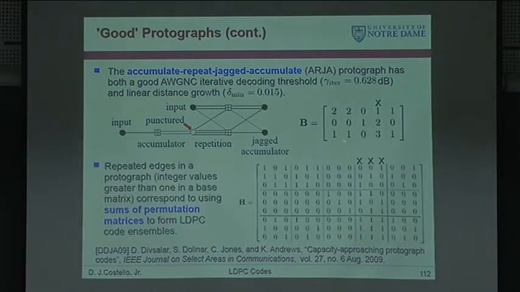When we look at this base matrix, like you were saying earlier, these integer values greater than 1 in the base matrix correspond to repeated edges in a protograph. Now this seems strange. You'd be connecting a variable node and a check node with 2 edges, or in this case 3 edges. Why would we ever do that? Well, we wouldn't do it if this was our code. But our code is going to be the lifted version of this.